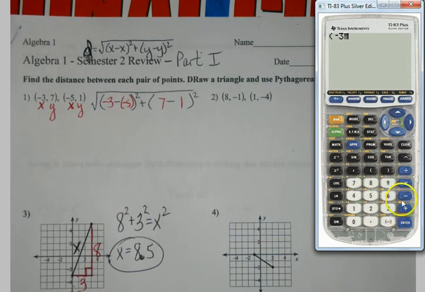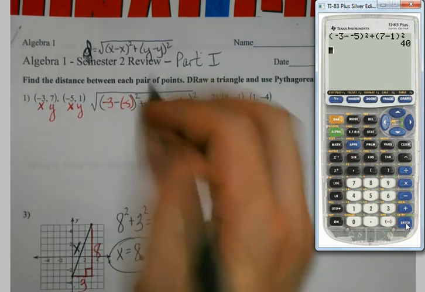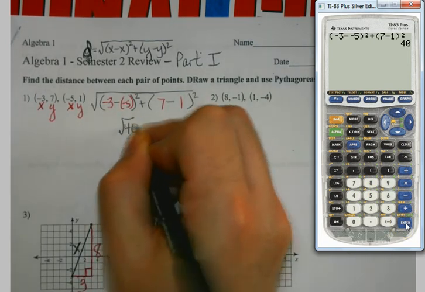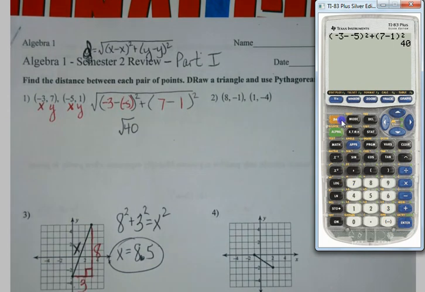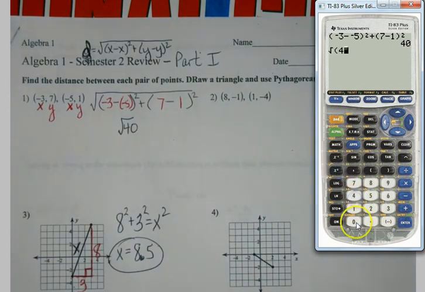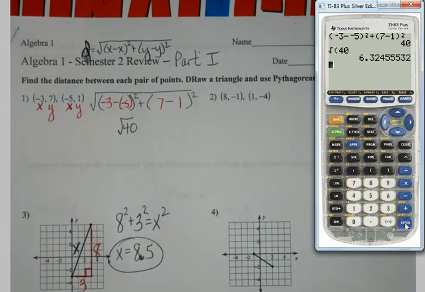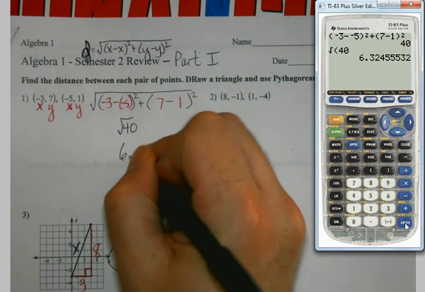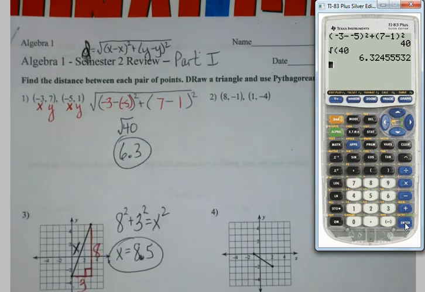But if you wanted to put in here everything else that's underneath, that's okay. So this would be the square root of 40, and see, square root of 40 is about 6.3. And that's all I'm doing.